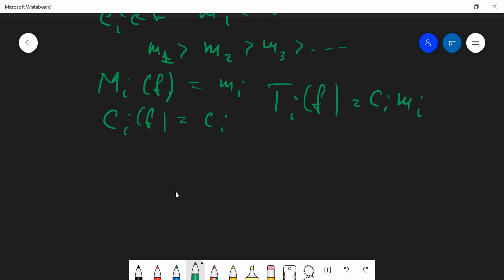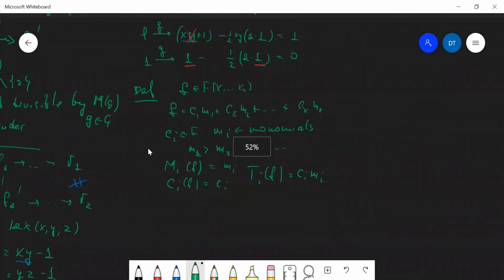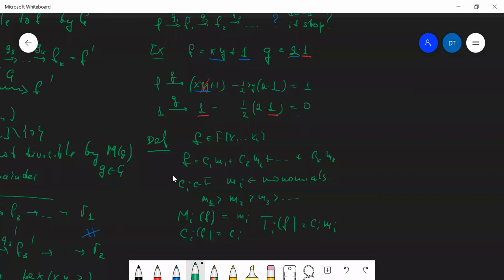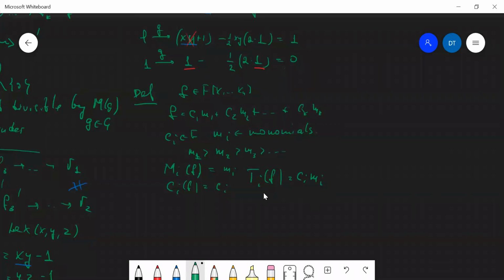Can I ask another question about reduction, please? Yep, no problem. Am I right that every reduction just cancels out one of the monomials? Yes, you just replace a monomial by the tail of the polynomial g multiplied by some monomial and coefficient. So you just reduce one term at a time.